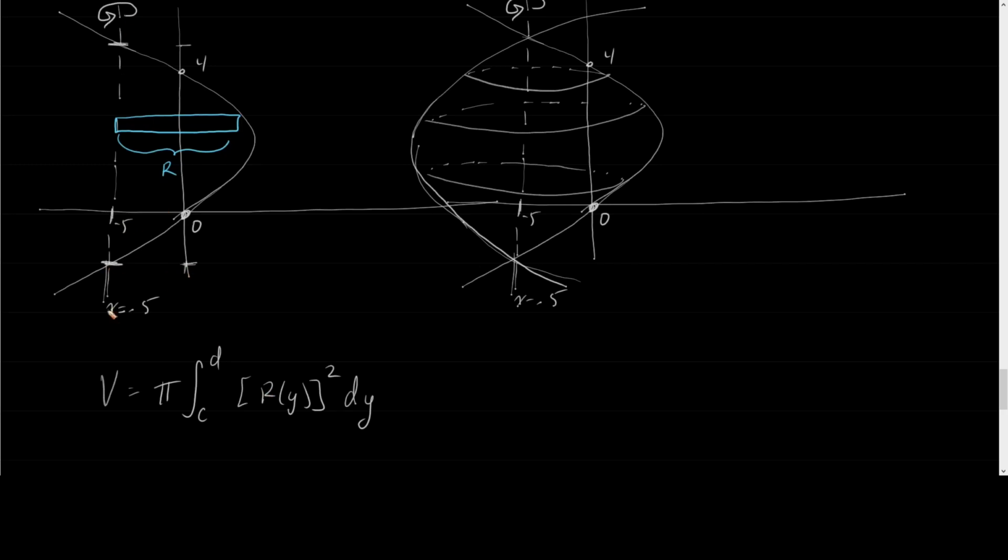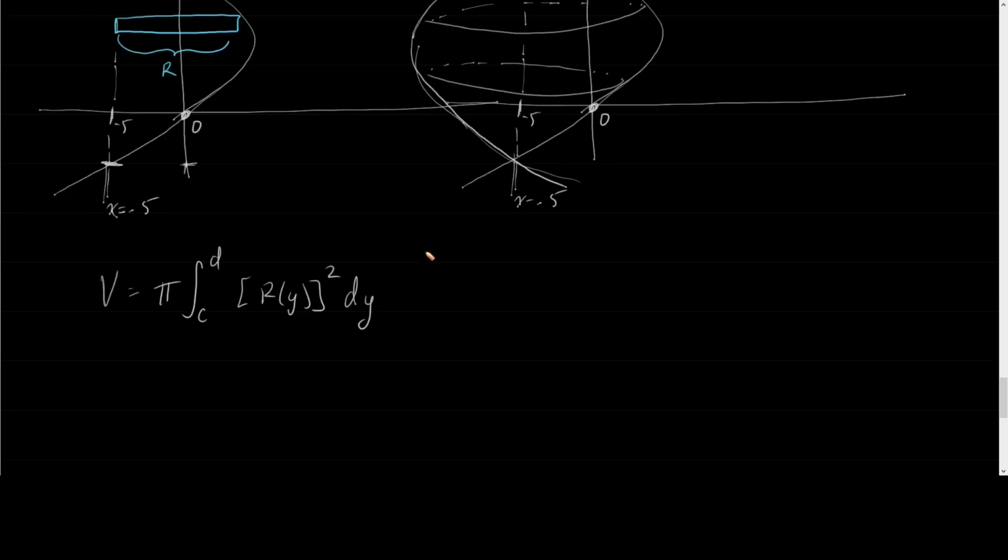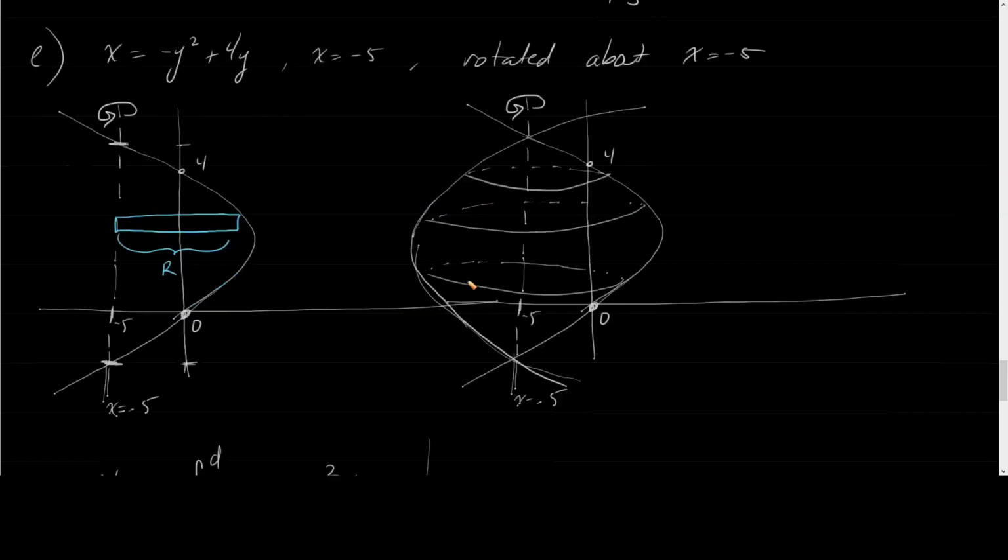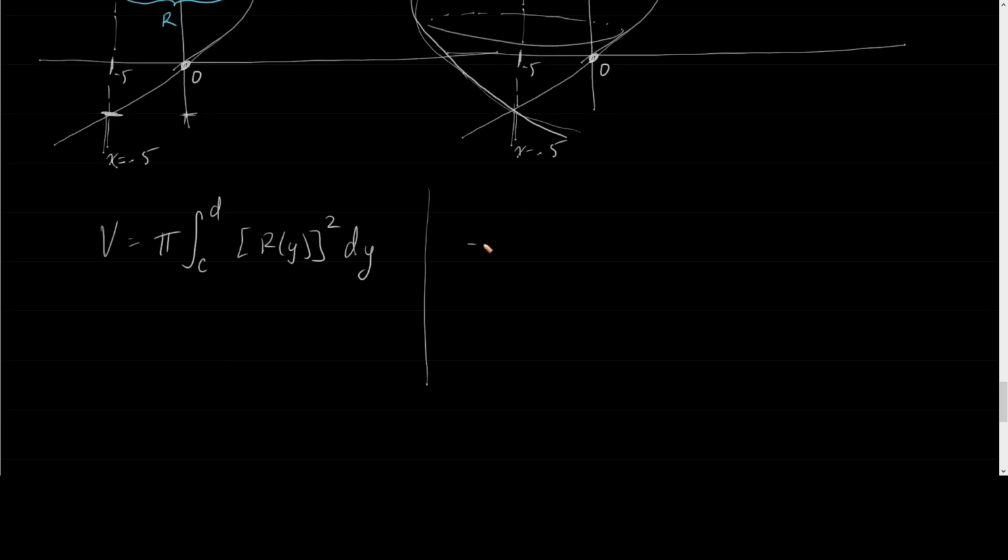Well, what we can do is we can set this function of y equal to this line to see what values those would be, right? To figure out where they intersect. So that function again was negative y squared plus 4y, and we're setting it equal to negative 5 to figure out where they intersect.